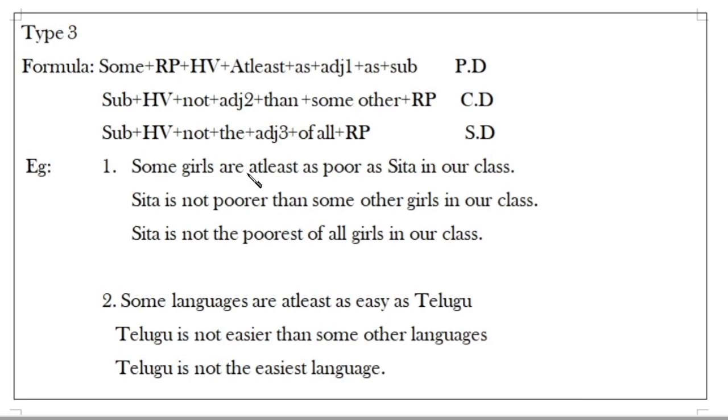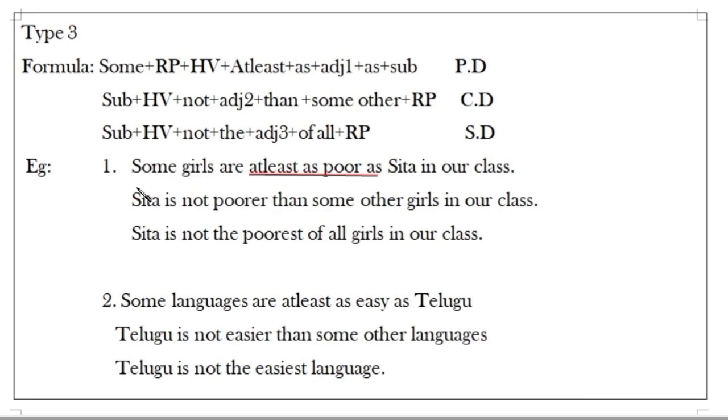In this sentence, we are using 'some' and 'at least'. If you keep these keywords in your mind, you can easily understand that it is type 3. Some girls are at least as poor as Sita in our class. So it indicates type 3.